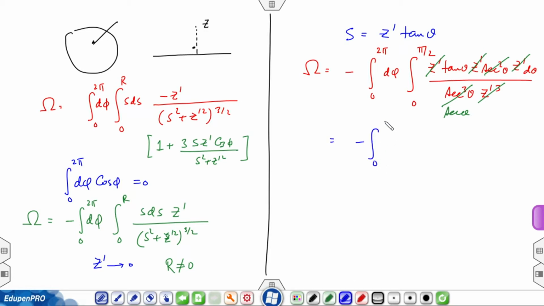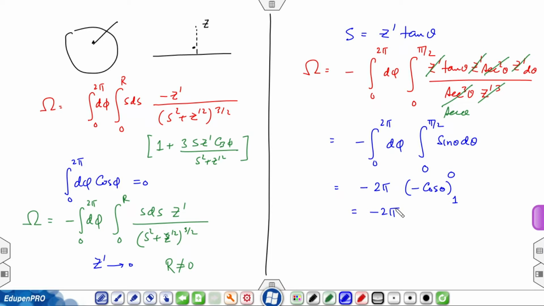minus integration 0 to 2 pi d phi, integration sin theta d theta 0 to pi by 2, and this is minus 2 pi, the first term, and then I have minus cosine of theta from 1 to 0, and this comes out to be minus 2 pi.